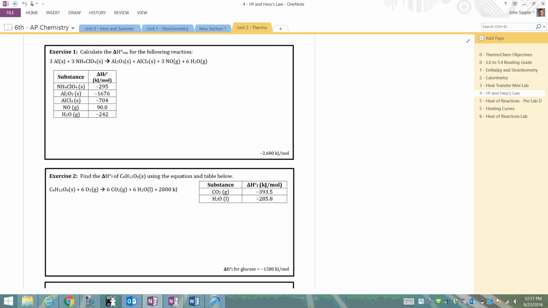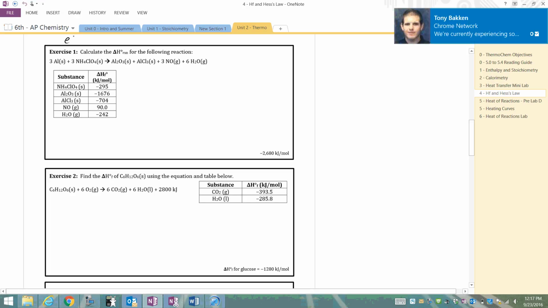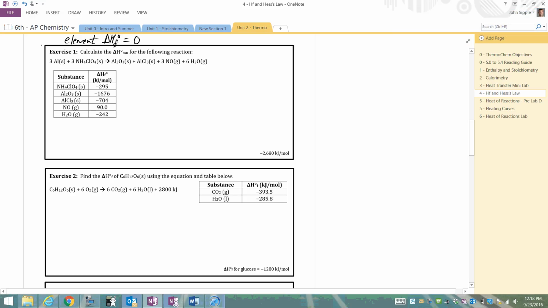Aluminum is an element, and its heat of formation is 0. Delta H of formation equals 0 for all elements. They're always going to be 0.